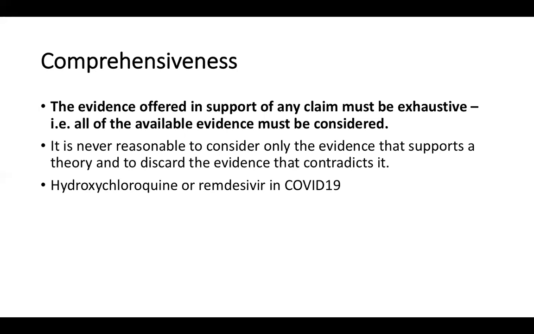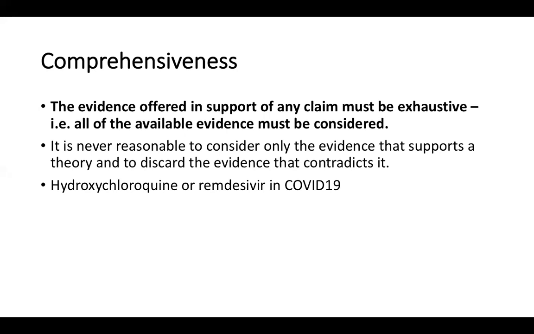For example, during COVID-19, if you consider comprehensiveness in any claim, if someone is claiming that remdesivir or hydroxychloroquine treats COVID-19, in order to apply this concept you must look at all the different kinds of studies, whether they are positive or negative.